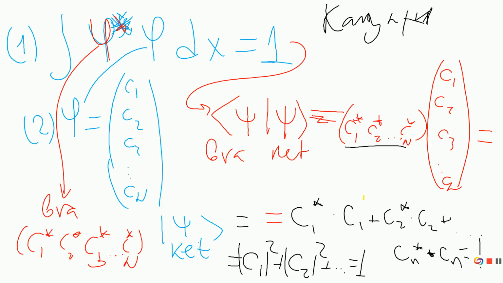The same, just with stars. So we need to compute C1 star times C1 plus C2 star times C2 plus so forth. And this summation of expansion coefficients for this eigenstate should give 1. Since they all depend on C naught, we can cancel something and solve for C naught.